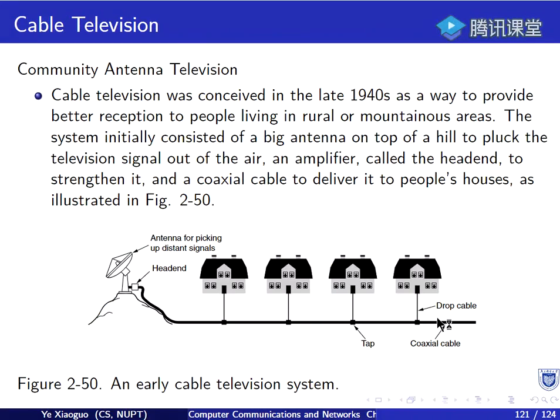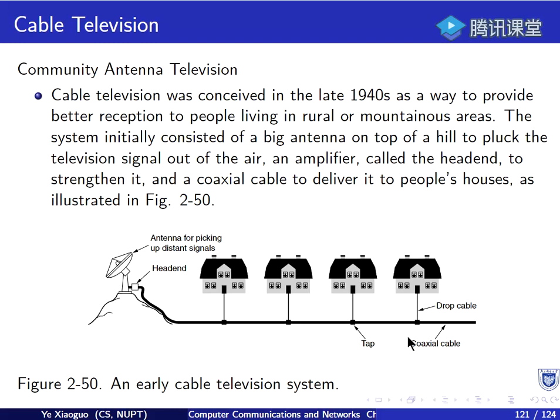Cable television using community antenna television was conceived in the late 1940s as a way to provide better reception to people living in rural or mountainous areas.